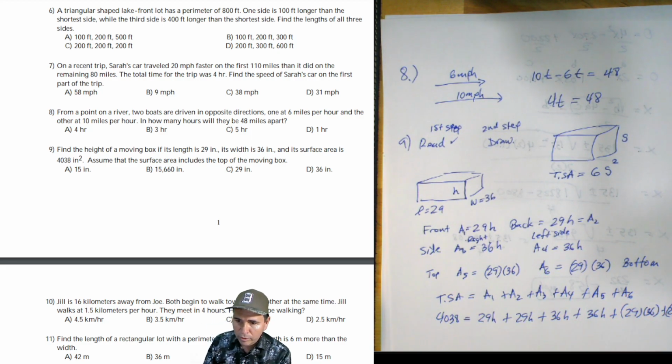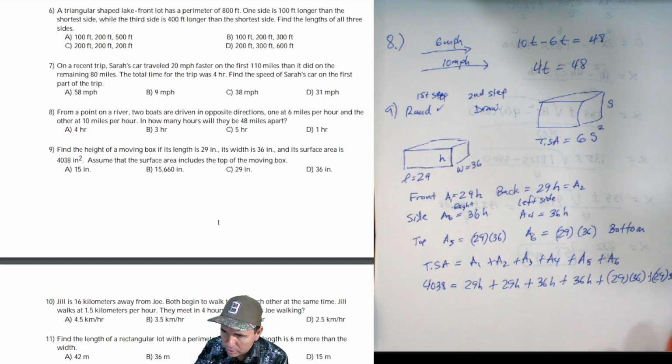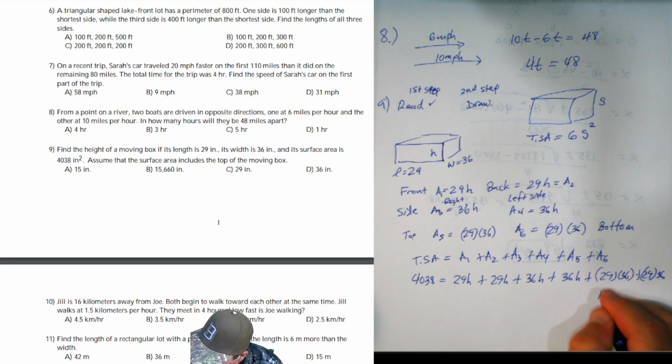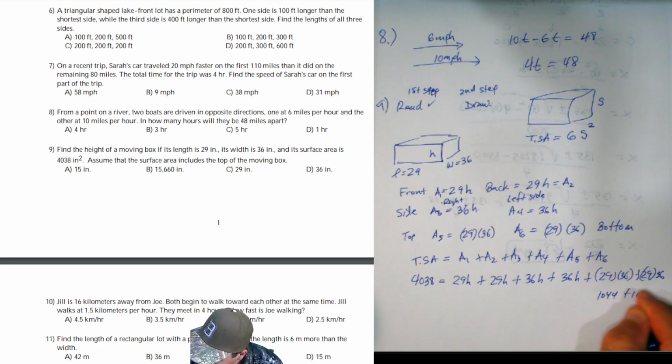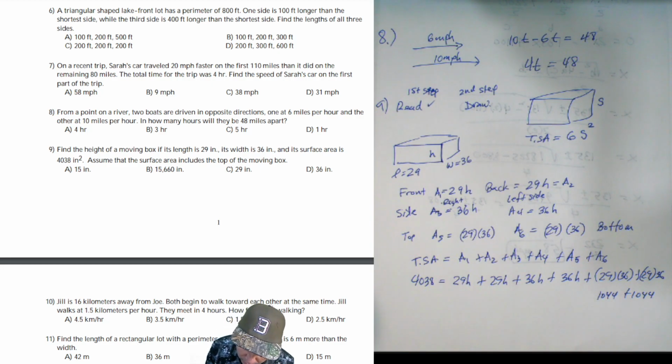Okay, so what we need to do is multiply these 29 times 36 and figure it out. So we're going to do 29 times 36. That's 1044. Okay, then we're going to add up all these things. It's going to be 29 plus 29 plus 36 plus 36.